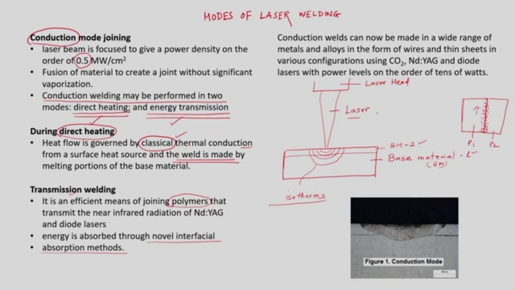To get the required welding done, what are the major parameters in conduction mode? The major parameters are the laser power itself and the spot diameter. By using the laser power and spot diameter, we can control the power density.